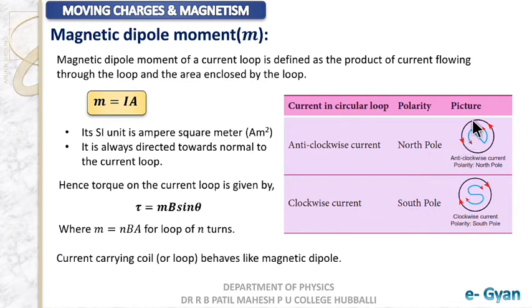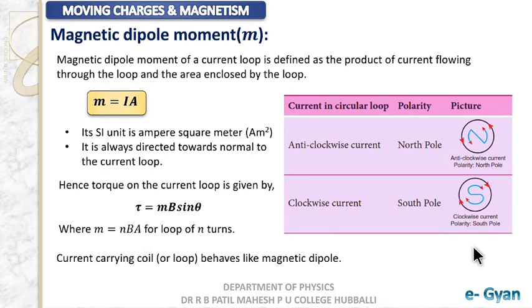If this is a current carrying loop, when the current flowing in it is anti-clockwise, then that face will behave like north pole. And when we see the current carrying loop and current is flowing in the clockwise direction, then that face of the current loop will behave like south pole. So that's why a current carrying loop can be said to be a magnetic dipole.